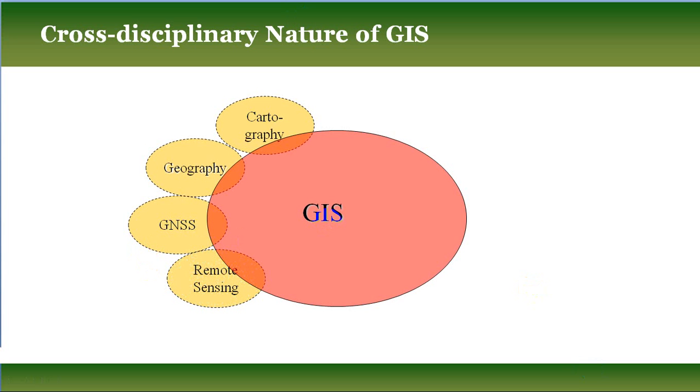Then comes remote sensing. I will explain later what remote sensing is, but let's just say briefly that remote sensing output is also one type of GIS data source. With the help of remote sensing, whatever data we collect can be used very effectively in GIS.